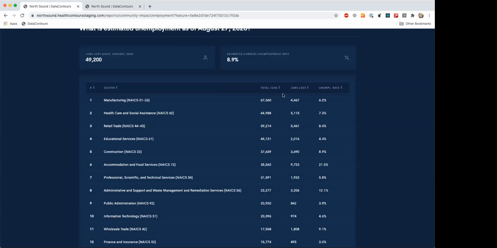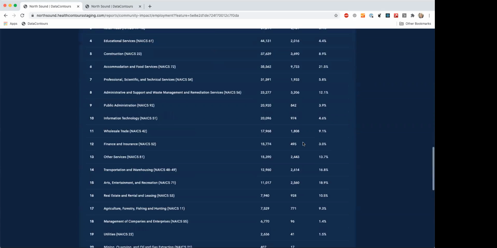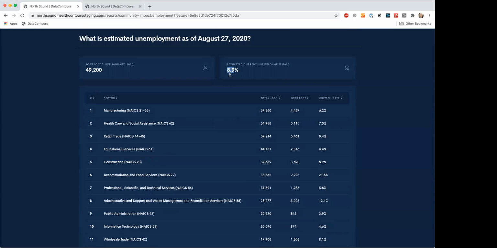And then we've got some tables that are sector-specific breakdowns. For the North Sound in particular, what's interesting is this is a lower number now than we see nationally, and that's because the manufacturing proportion of the employed population is so high.